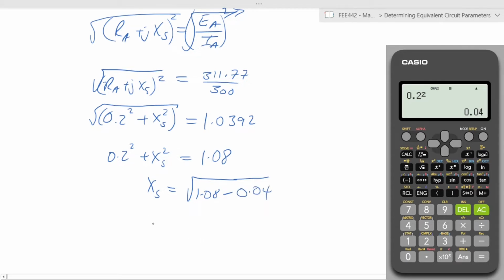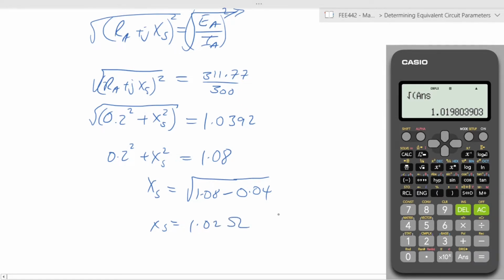Therefore, XS is equal to the square root of 1.08 minus 0.04, which is approximately 1.02.